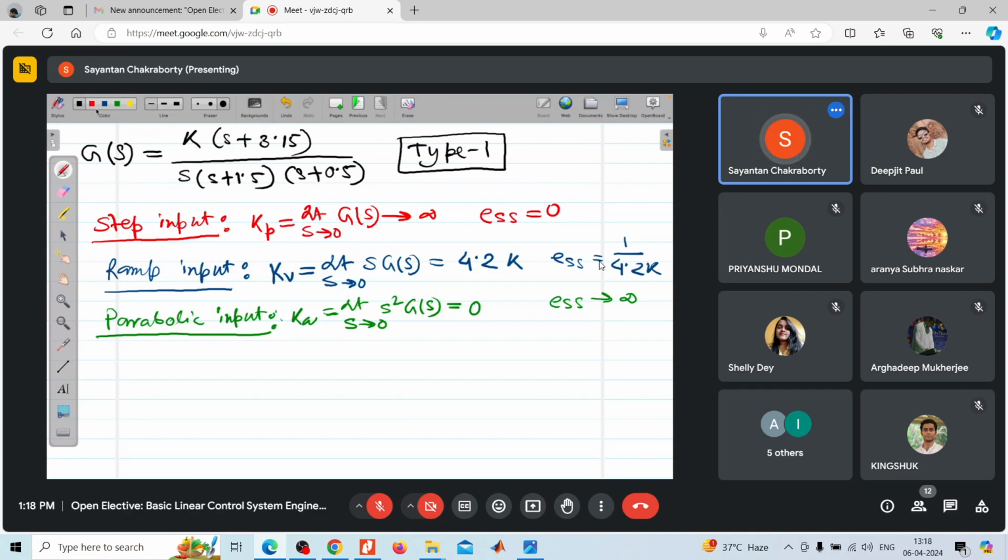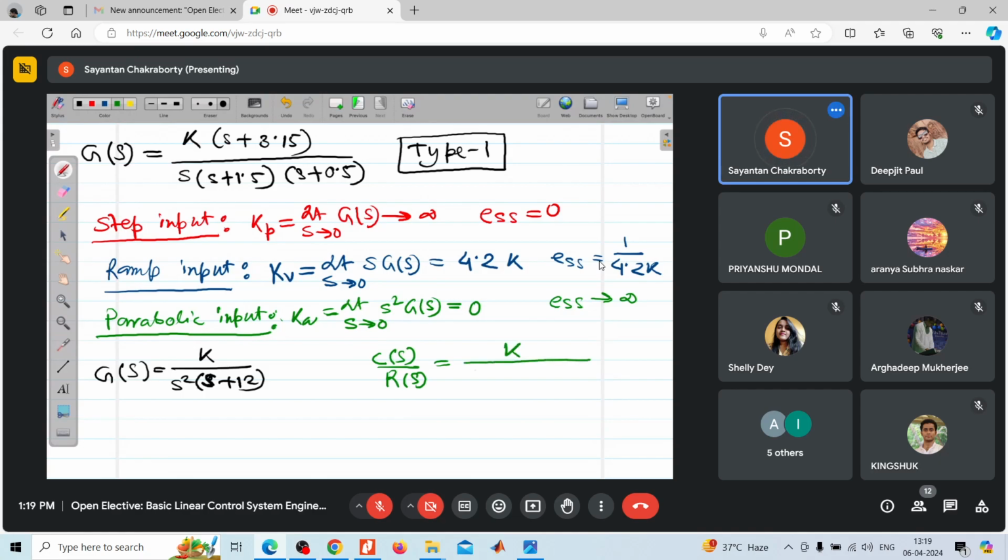Second example, suppose we have G(s) is equal to K by s square (s plus 12). So this is an open loop. Now if you calculate C(s) by R(s), what will be the transfer function?